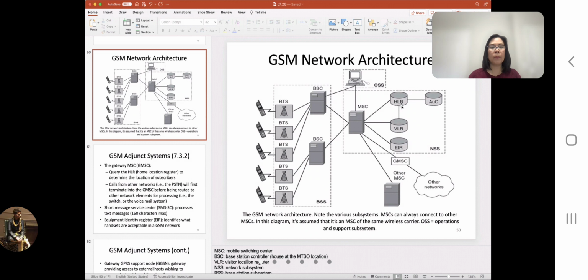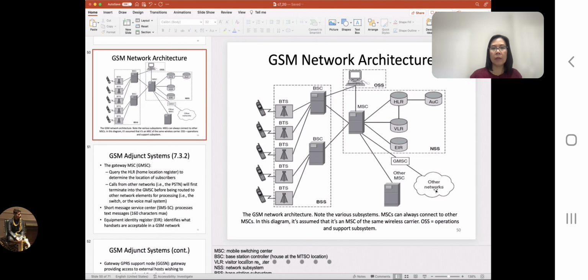So that's one function. And then calls from the other networks will arrive here first before they are sent to this network, all right? And the other way around, if a phone call from this network wants to be sent to other networks, it has to go through the gateway MSC. So that's why we have the term gateway there, because it's the interface between this network and other networks.